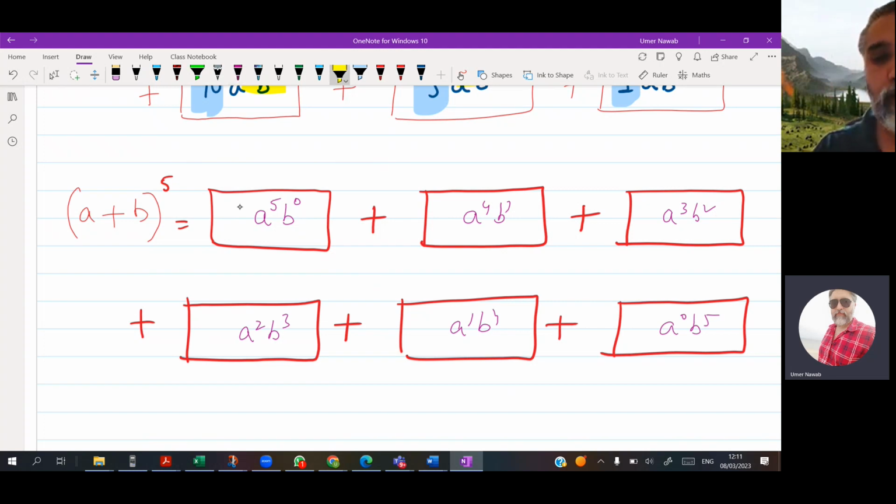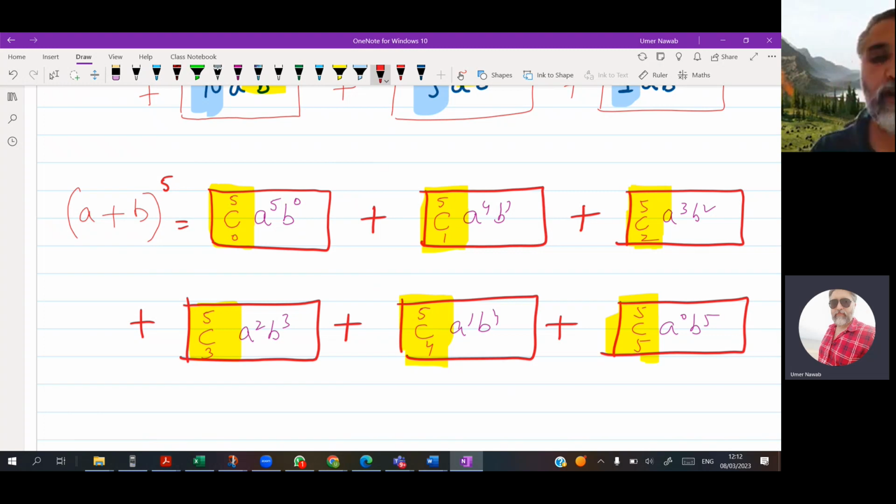Now come to the binomial expansion formula to write my binomial coefficient, but don't use Pascal triangle. I'm going to write here 5C0, 5C1, 5C2, 5C3, 5C4, and 5C5.